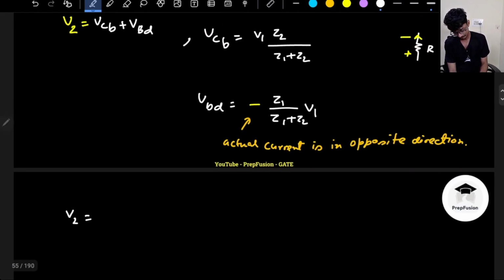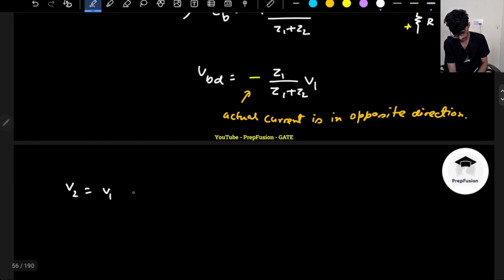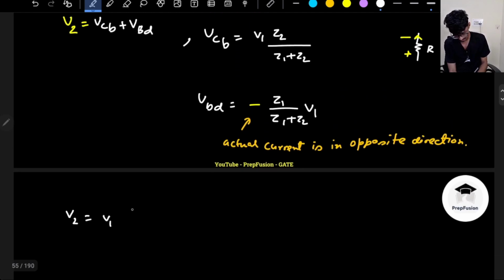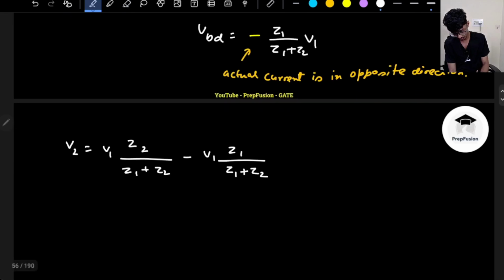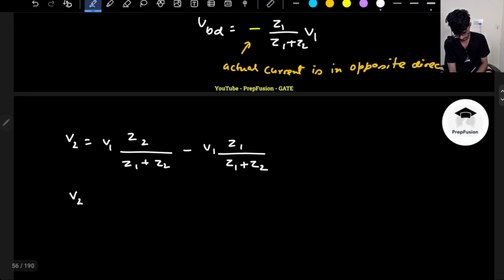V2 will be V1 into Z2 divided by Z1 plus Z2, minus V1 into Z1 divided by Z1 plus Z2. So your V2 will be equal to V1 into Z2 minus Z1 divided by Z1 plus Z2.